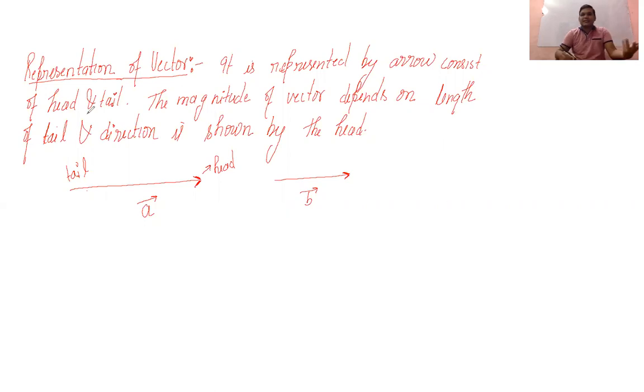This is basically the way to represent the vector. Let's take one example. If I say go 5 kilometers, you can move 5 kilometers in either direction.